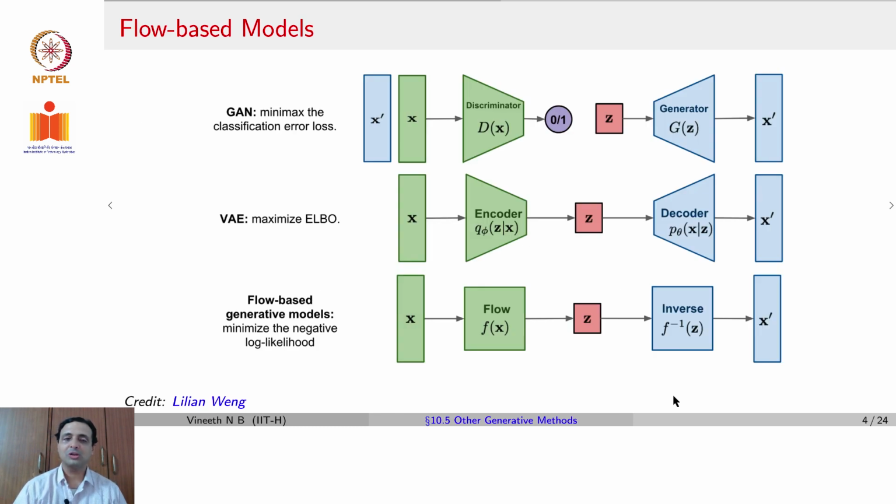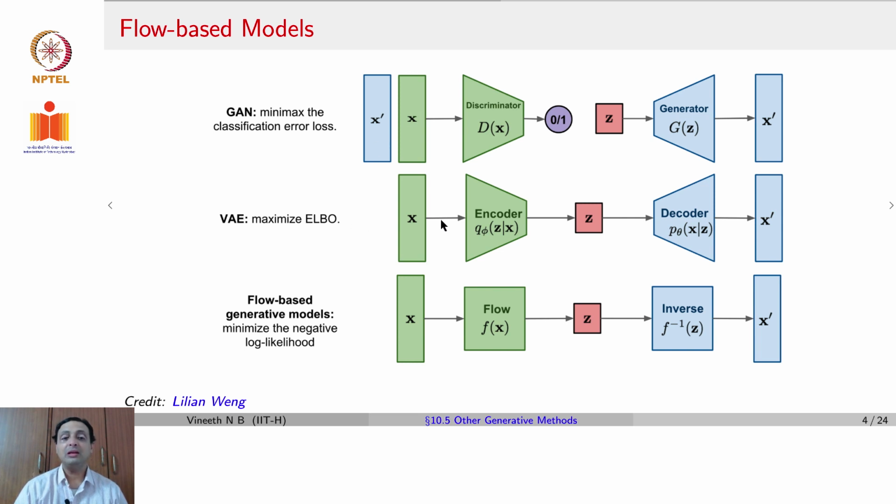So what flow-based models try to do here is, if you could look at GAN as a discriminator and a generator, where the discriminator is the one that distinguishes between real and fake data, and the generator takes you from a latent to a generated image x prime, which is then provided as input to the discriminator along with the real data x.